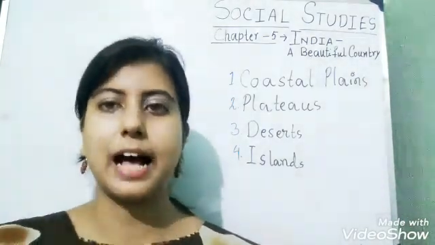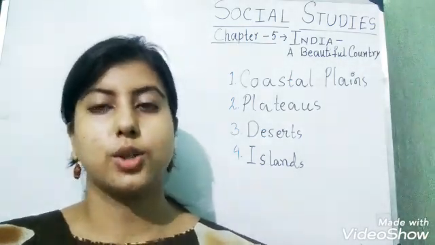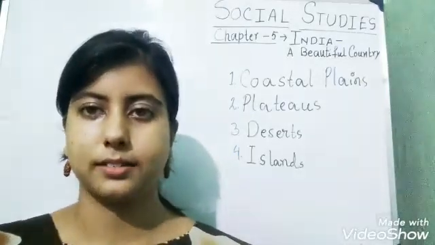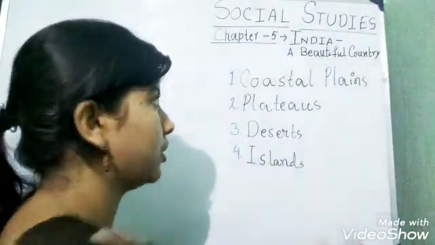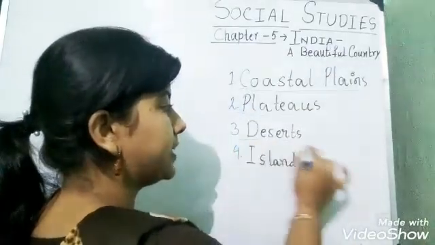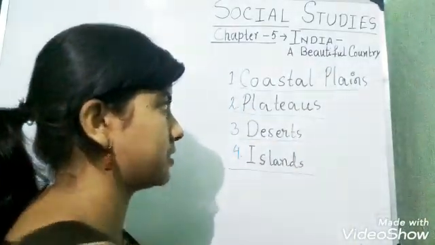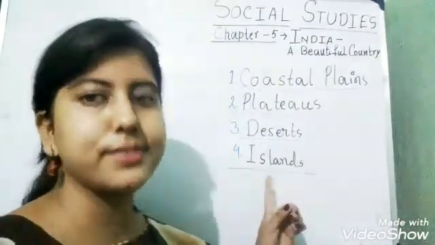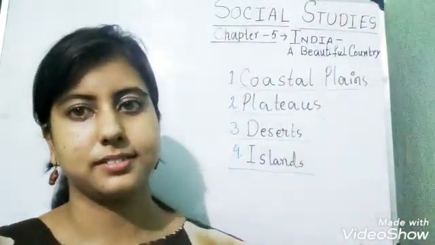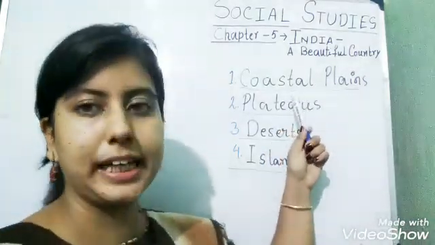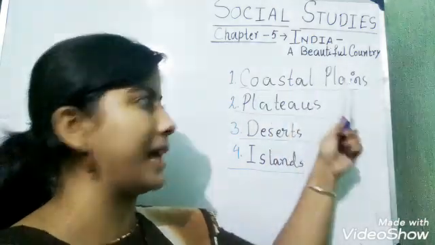Now in today's class, we will discuss the rest of the physical features of India. They are coastal plains, plateaus, deserts, islands. So, we will discuss these four topics. Let's start with the first topic of today, that is coastal plains.